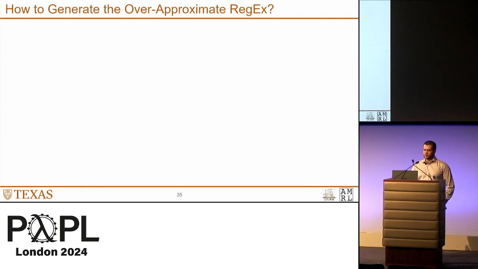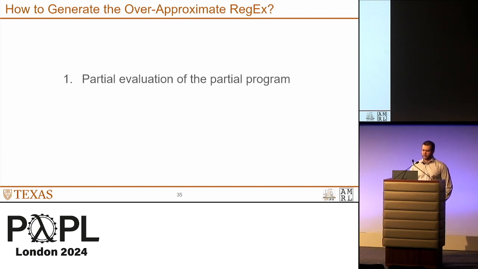In our paper, we introduce a novel algorithm that, given a partial program, infers an over-approximating regular expression to be used in the pruning procedure. At a high level, we first use partial evaluation to generate a string of the known statements that will be produced by the execution of the partial program. This is to maximize the known information in the over-approximate regex.